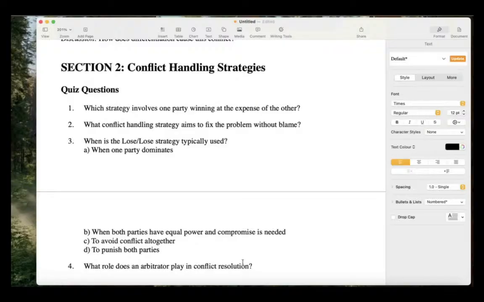Do you have an idea what role it plays? We have discussed, but I just want to understand your point of view. It basically comes in as a third party, listens to the positions, information and interests of both the conflicting parties, and then makes a decision. Yes, you are very near to that.